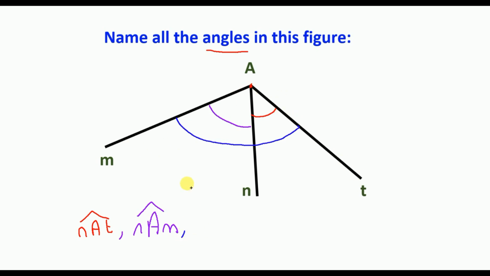So, for example, let's choose the name MAT, and don't forget the hat. And here A is the vertex of the three angles, so don't forget to place A in the middle of the name. So here we've named all the possible angles in this figure. We cannot find any other combination of two different sides to obtain another angle.